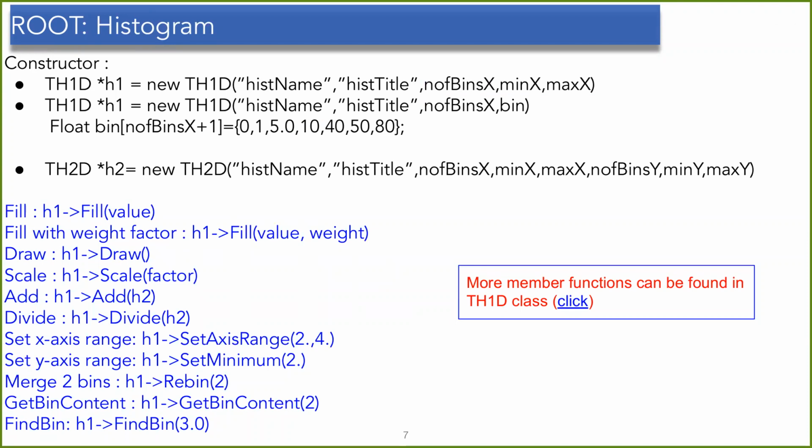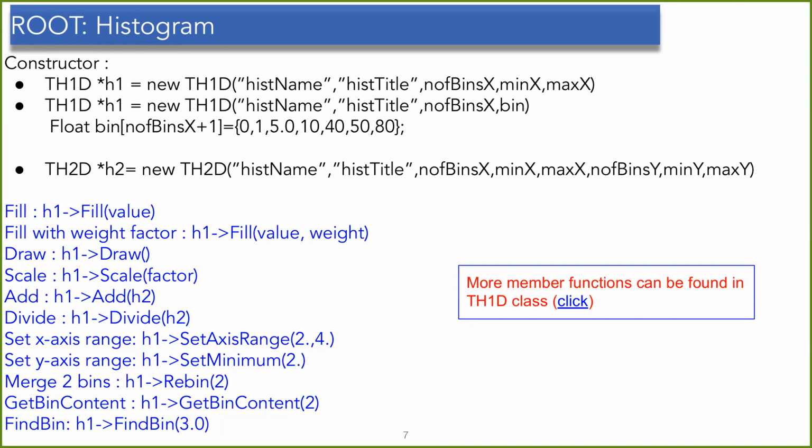A histogram is basically a distribution of a variable, or the frequency distribution of a variable. On the x-axis you may have some variable, let's say x, and on the y-axis of the histogram you get the frequency for the value of this x. That means how many times in your experiment this x has occurred.